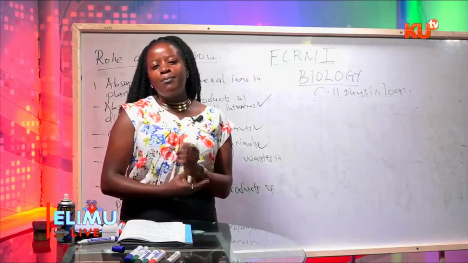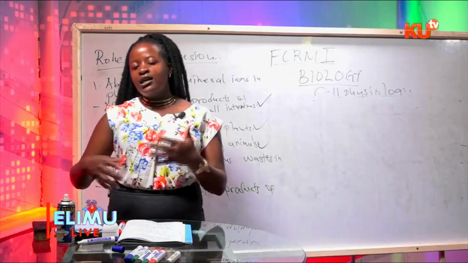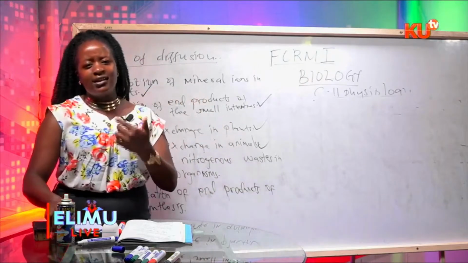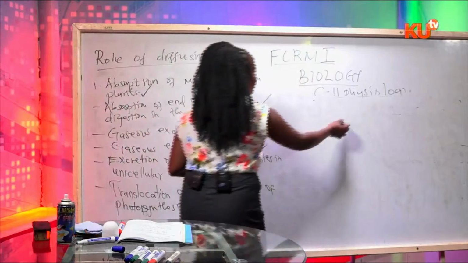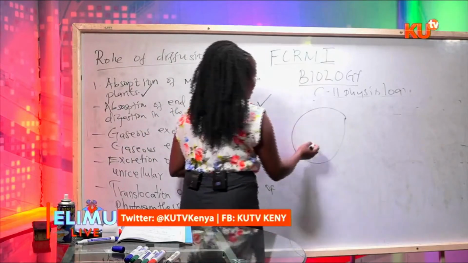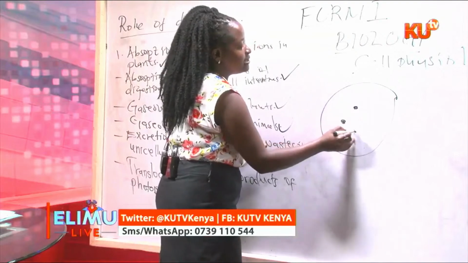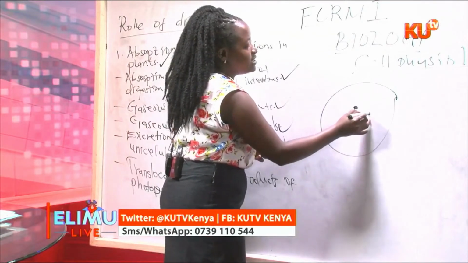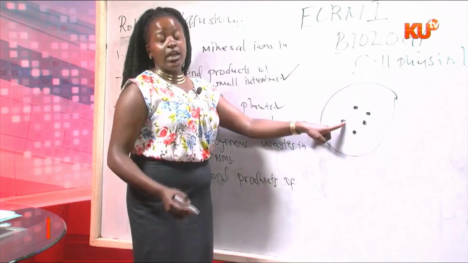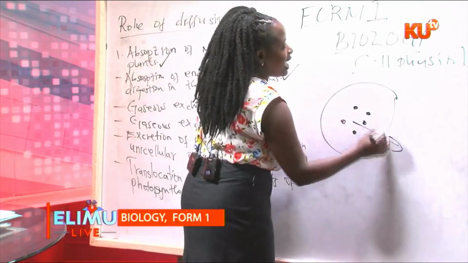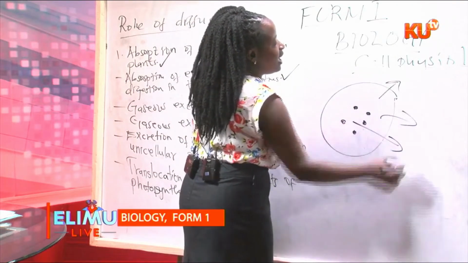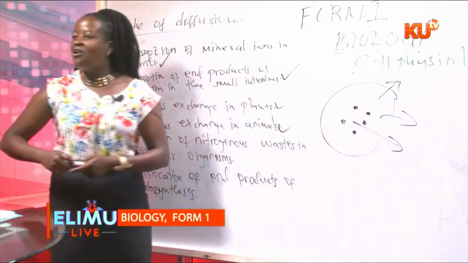So in amoeba, what will happen? This nitrogenous waste is greater in concentration inside the body of the amoeba, assuming this is amoeba. So if this is our nitrogenous waste, it is in greater concentration inside the body, and now it will get out of the body of that amoeba through the process of diffusion.